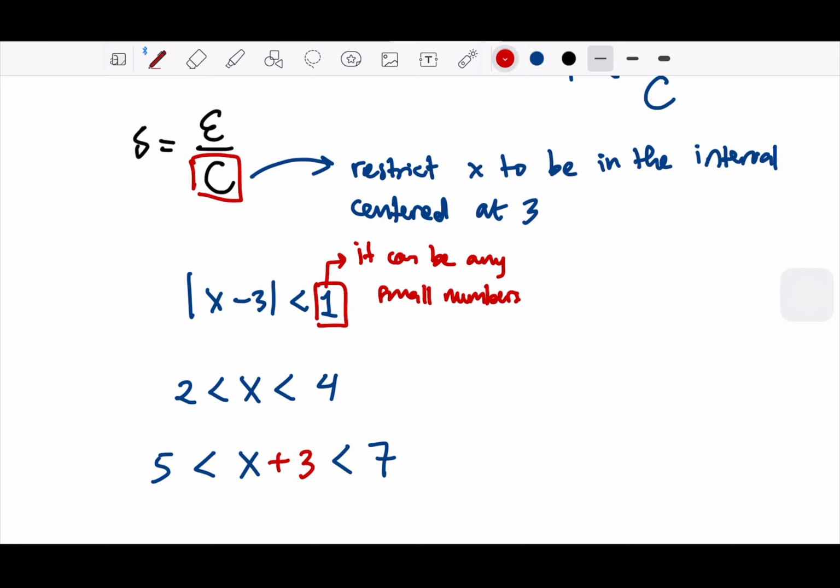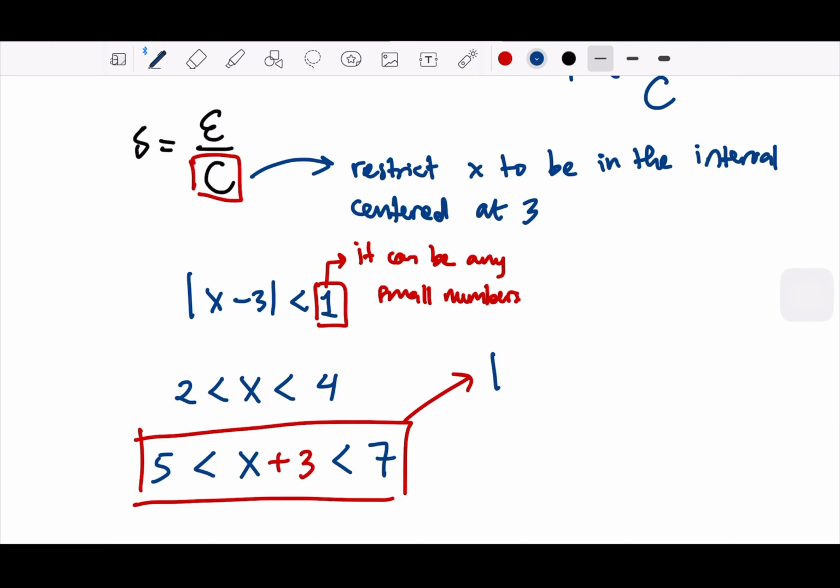And now from here, with a small distance 1, we get the x plus 3 that is, at least, less than 7. So it seems if we use this number 1 here, just to imagine that it's small enough, we can use this number 7 to be used in our c. Okay.